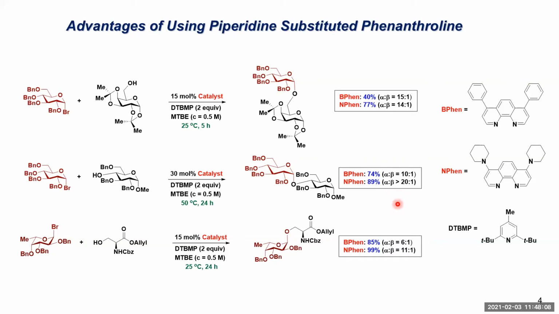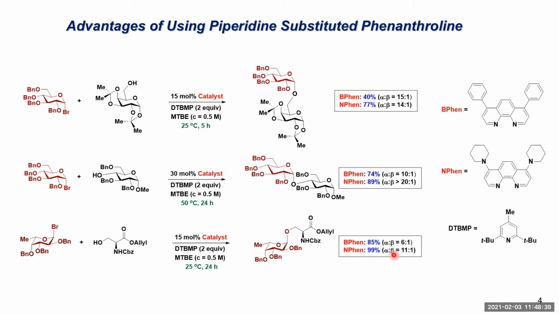And in this case of fucose, we react it with serine under 50 mol% catalyst loading at room temperature. With B-phen, we get 85% yield, but the selectivity is only 6 to 1 alpha to beta. When we switch to N-phen, we get almost 99% yield, and the selectivity bumps up to 11 to 1.